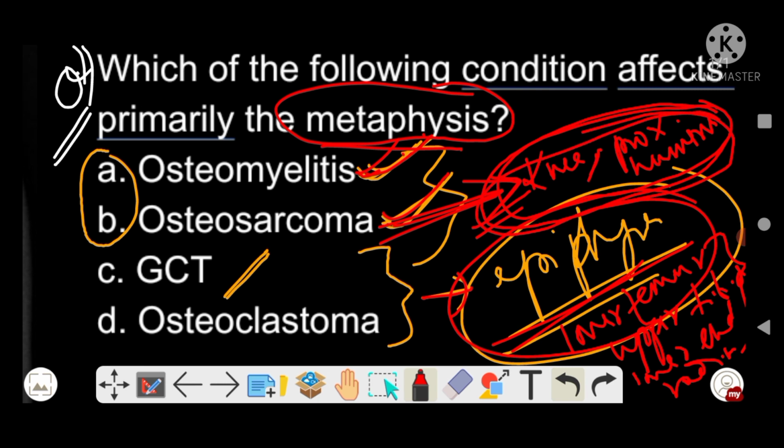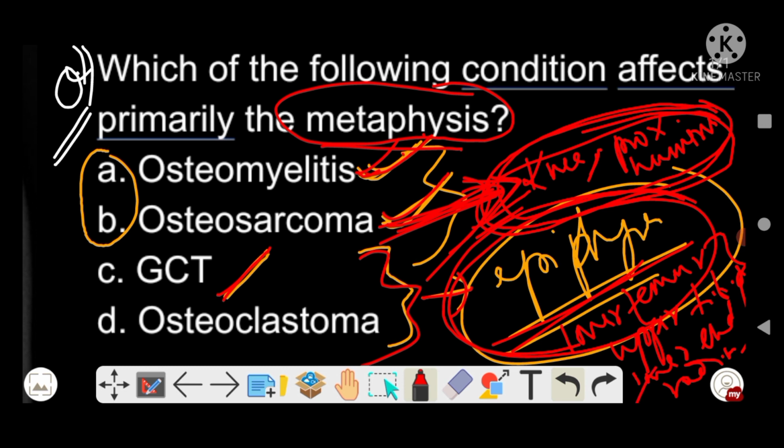These are the common locations of osteosarcoma. Talking about giant cell tumor or osteoclastoma, I mentioned that the most common region of the bone is your epiphysis, and the most common sites are your lower femur, upper tibia, that is the knee joint, and your lower end of radius.